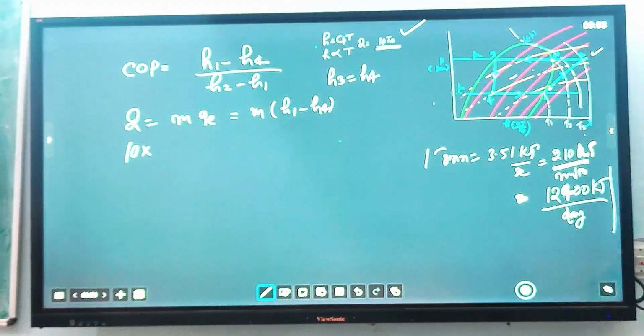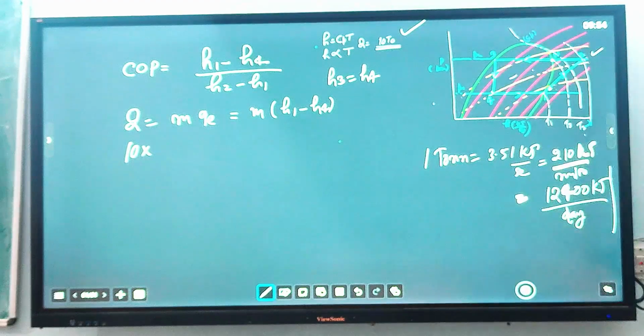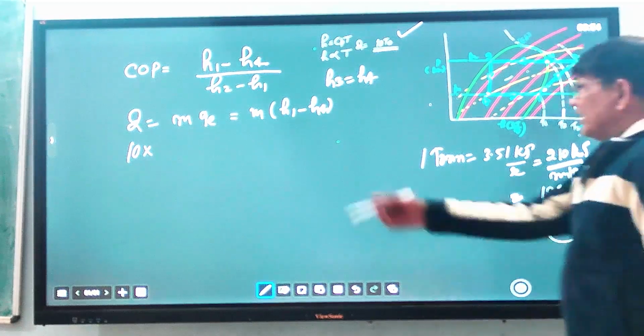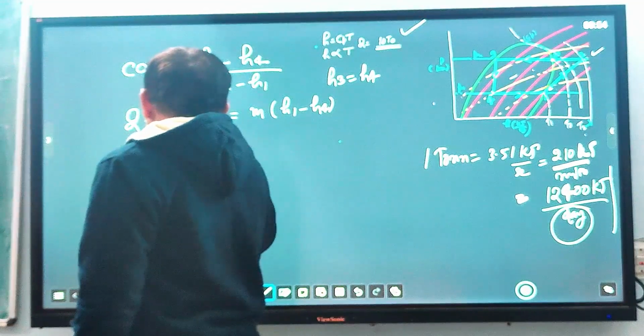Any unit you can use. 1 ton equals either 3.51 kilojoule per second, or 210 kilojoule per minute, or 12,400 kilojoule per day. Day means 24 hours. So here we are using 3.51 kilojoule per second.